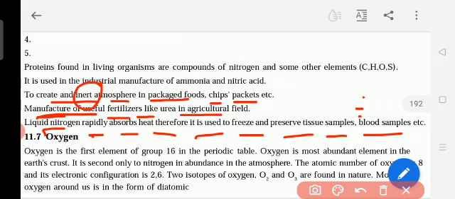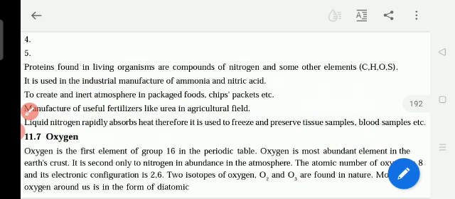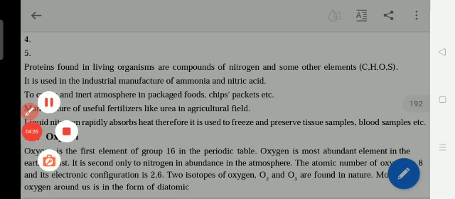So to preserve those tissues and blood samples, to keep them safe, they use liquid nitrogen. So these are the uses of nitrogen.